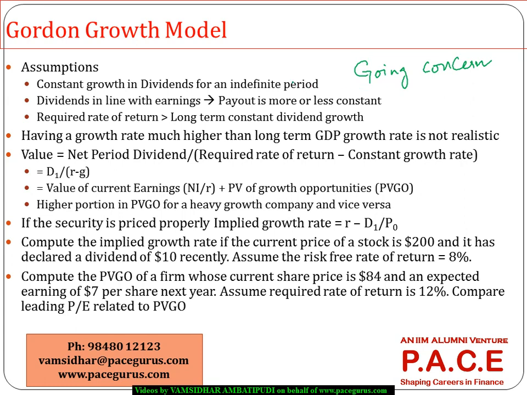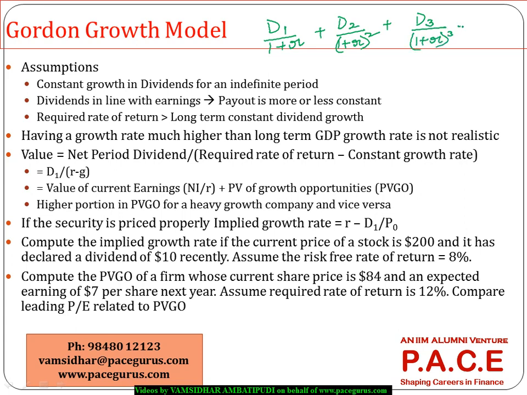If that is the case, what are the dividends? I am expecting a D1 dividend at the end of first year, so I have to discount it to the present value. I am expecting a D2 dividend at the end of second year, so this has to be discounted to the present value. A D3 dividend at the end of third year.